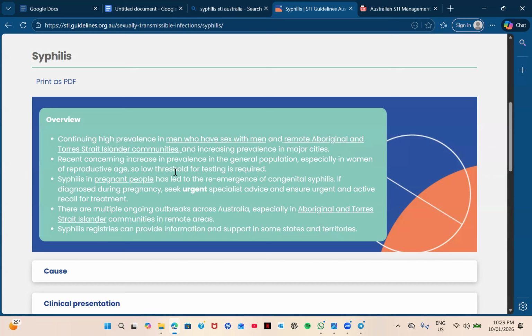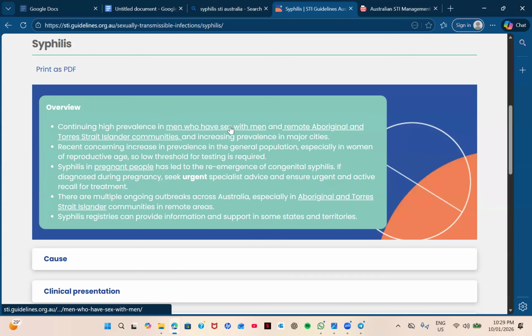There is recent concern about increased prevalence in the general population, especially in women of reproductive age, so a low threshold for testing is required. I can't remember the exact month, but they have asked what group of people has a high prevalence of syphilis. These are men who have sex with men.